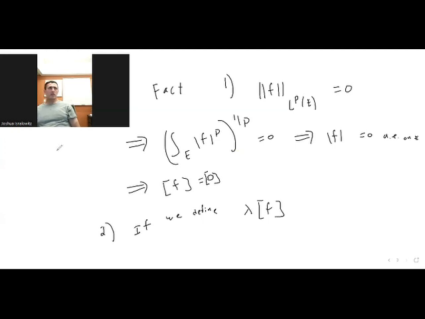So let's say lambda is some complex number here. So if I define this to be the class of lambda f, you can check this is independent of the representative of my equivalence class.